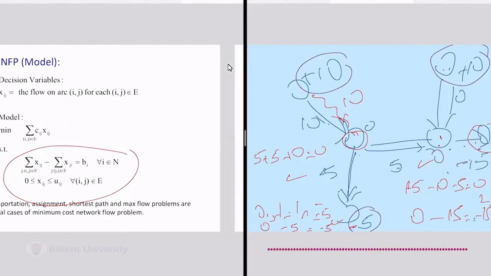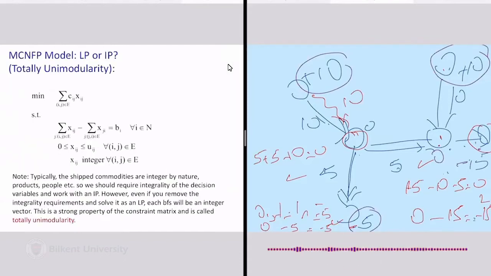Now, I told you these are like trucks, commodities, people, right? The examples. So the examples, we normally require integrality. Okay, so this is normally an example for an integer program. Oh, somebody is asking about u. u is the upper bound. There may be like bandwidth or track capacity.